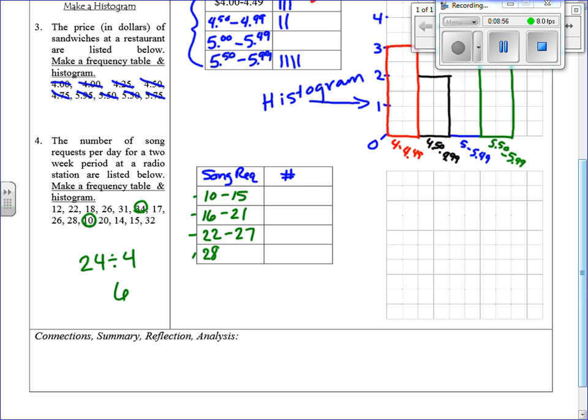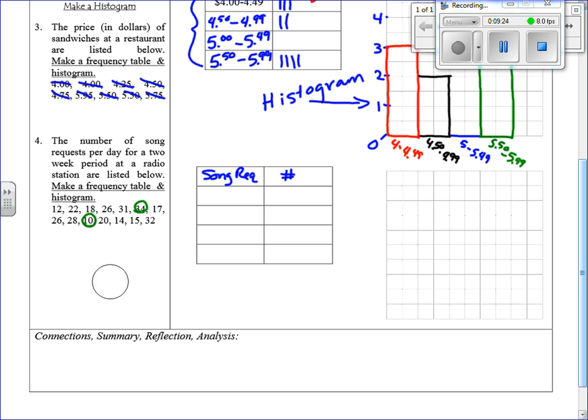That's not going to work, because I guess there's actually 25. So let's go ahead and make it into 28. So I guess that would be 7. What I'm trying to do is break it up into nice even intervals.